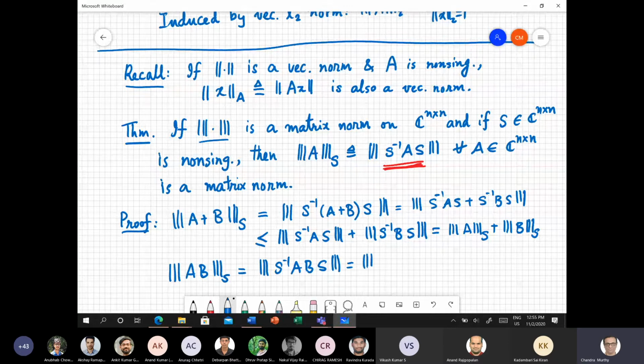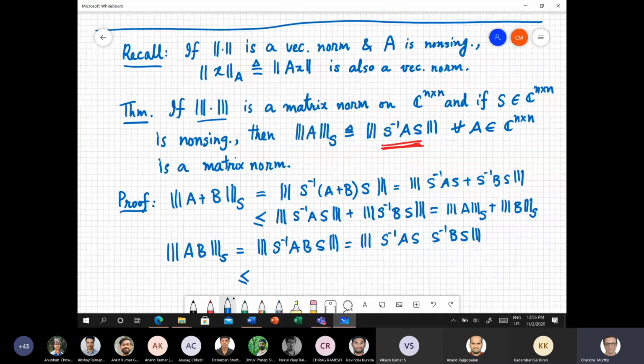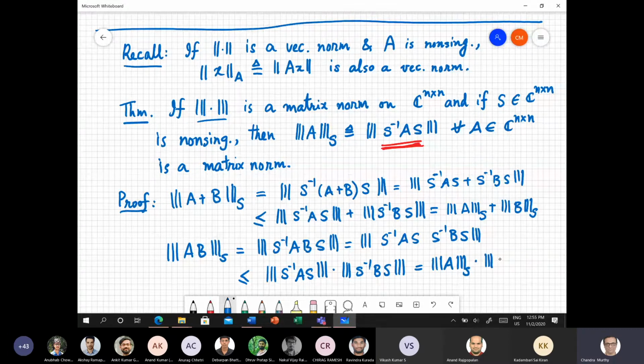So this is equal to the norm of S inverse AS times S inverse BS. Now I use the fact that this is a matrix norm, and so it satisfies the submultiplicativity property. So it's less than or equal to the matrix norm of S inverse AS times the matrix norm of S inverse BS, which is nothing but the S norm of A times the S norm of B.